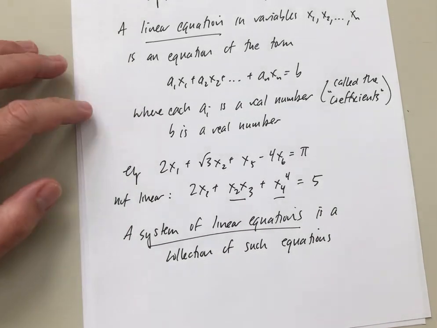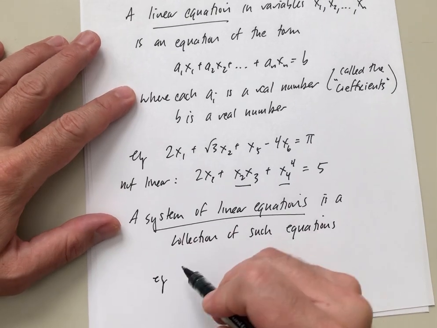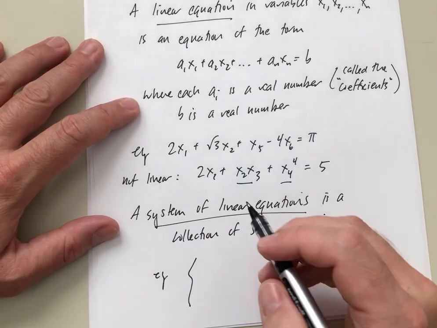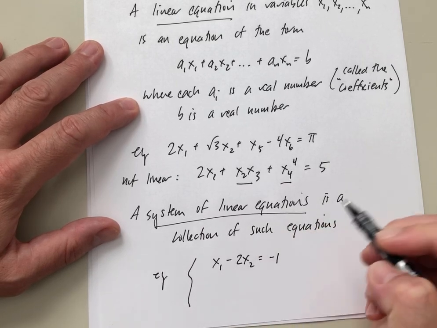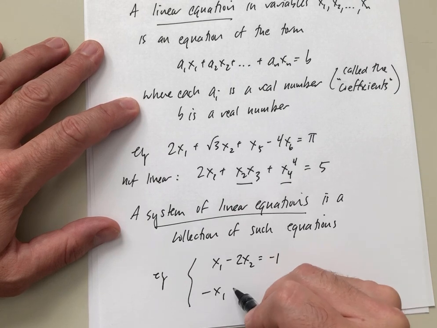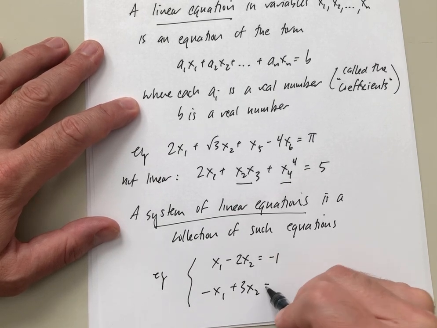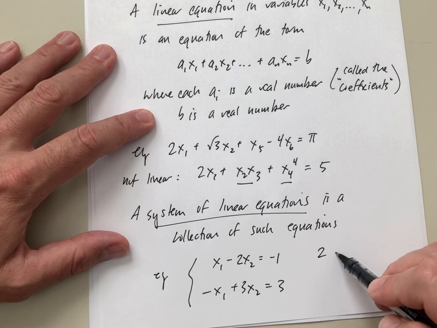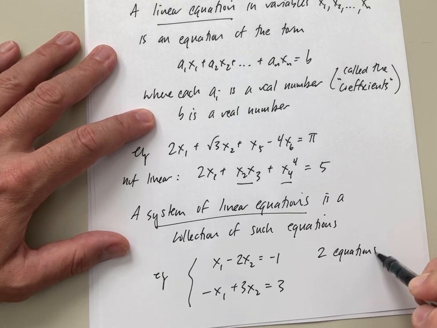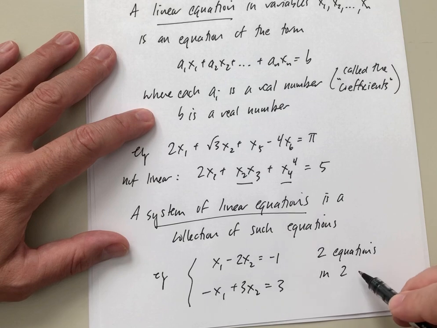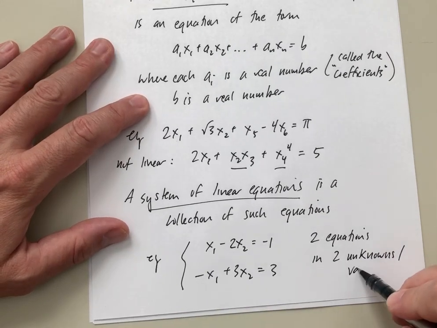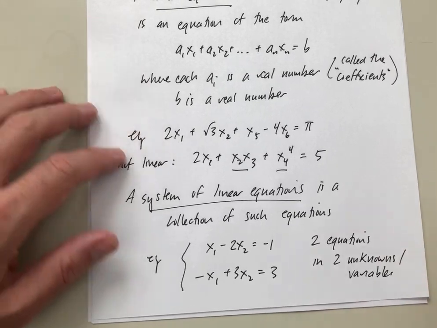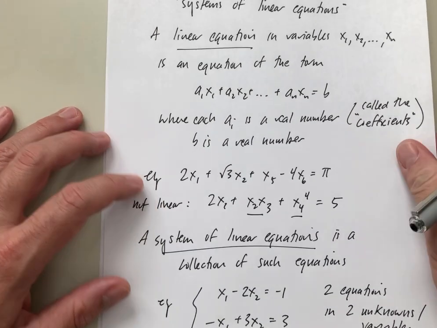For example, let me give you a small example that we'll work with today. x1 minus 2x2 equals minus 1, and minus x1 plus 3x2 equals 3. So this is 2 equations in 2 unknowns, or variables. Maybe I'll sometimes say variables. That's the basics of what a system of linear equations looks like.